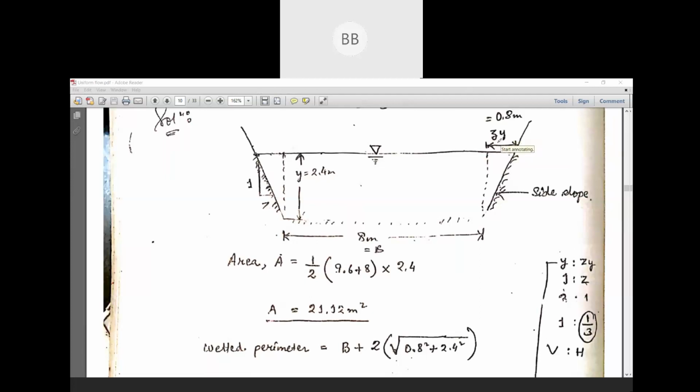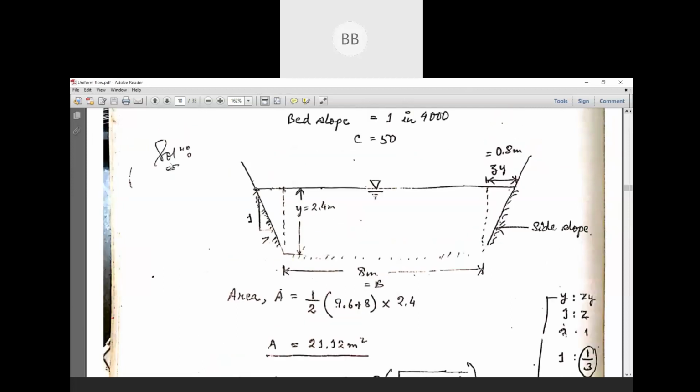When you consider your trapezoidal section, you can always find this expression in your textbook. The portion from here to here is determined by zy. Why? Suppose the side slope we consider is 1 is to z.